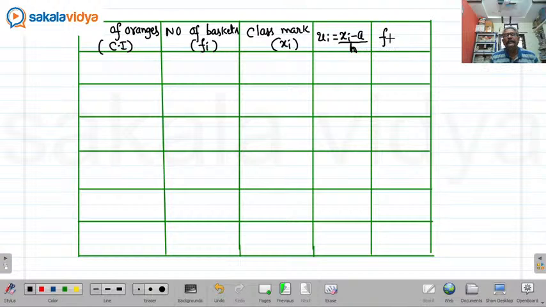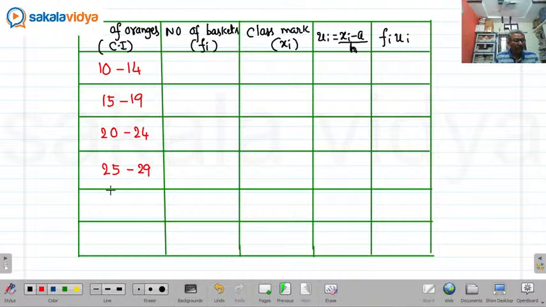This is fi ui. Let us write: 10 to 14, 15 to 19, 20 to 24, 25 to 29, 30 to 34. This is total.